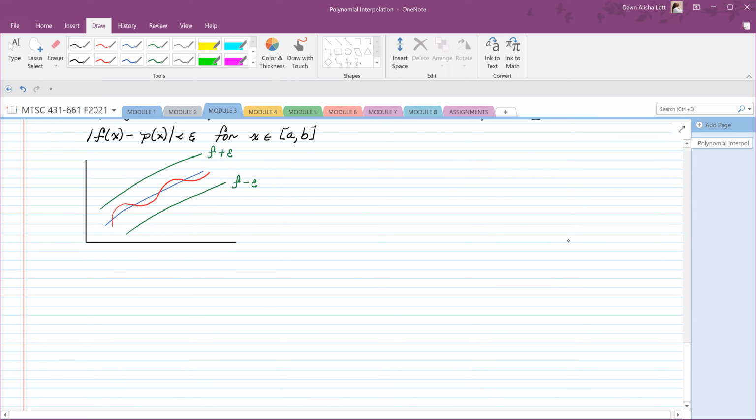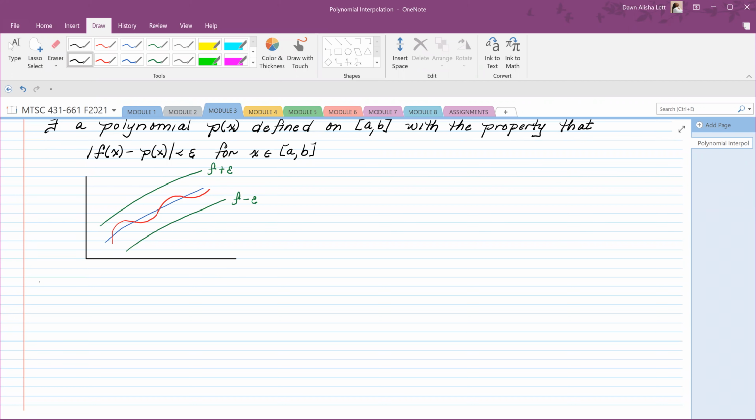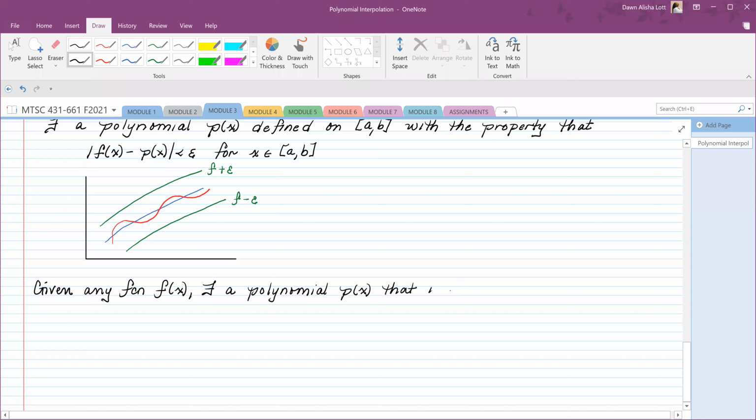Okay, so basically what we mean is, given any function f of x, there exists a polynomial P of x that is close to f of x over the interval [a, b]. Okay, so that's basically what we're trying to say.